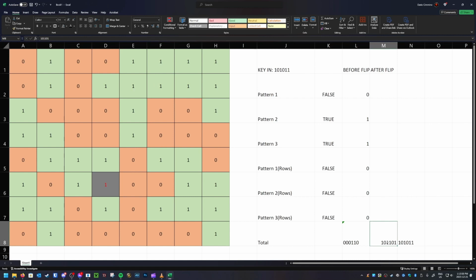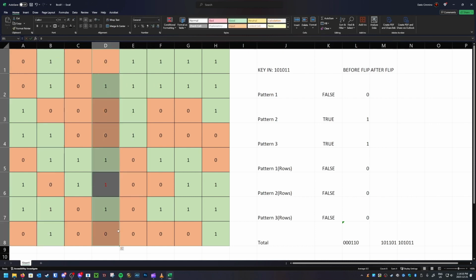So now I just need to count up to this square and see if, after the flip, the total gives me this number, right? So let's see, the first bit from the right is 1, so it's located somewhere in this first pattern, right?